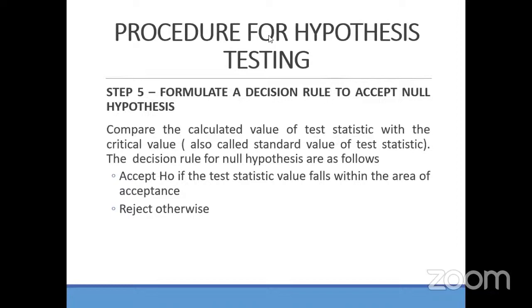For example, if n is more than or equal to 30 and the population standard deviation is known to us, then we apply a z-test.